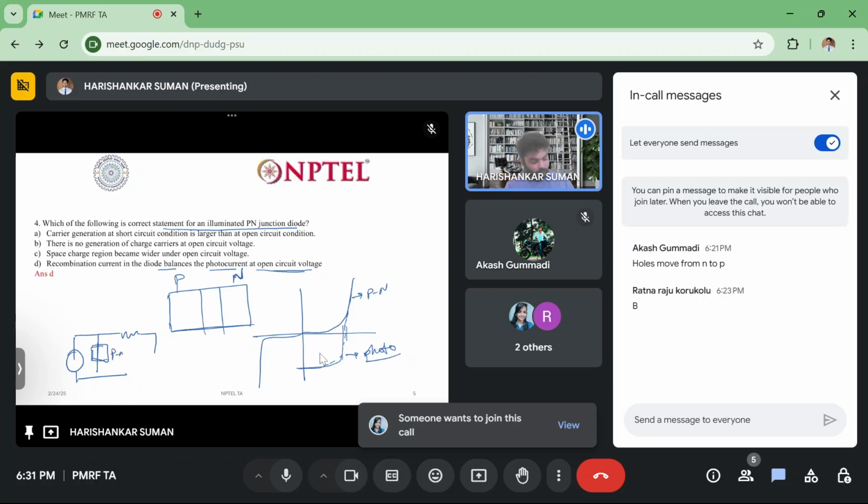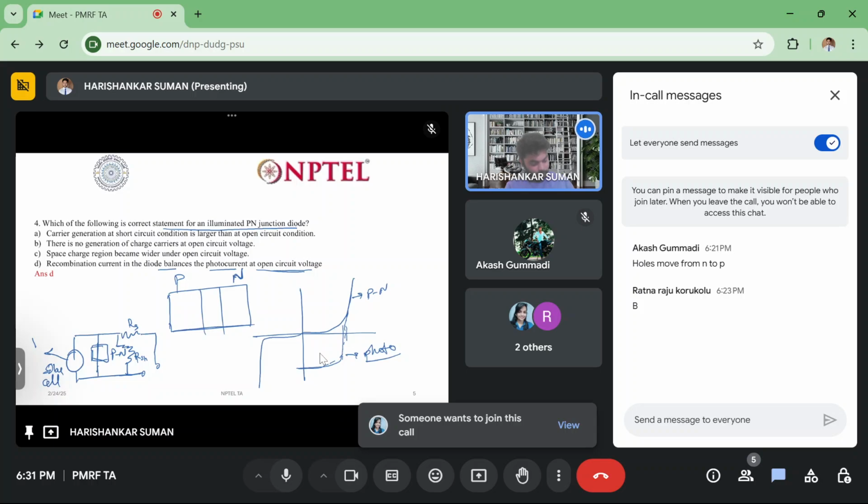Okay, we have PN, we have solar cell, and two types of current are there. Let's see. This is resistance. This is series. This is the circuit for the solar cell.